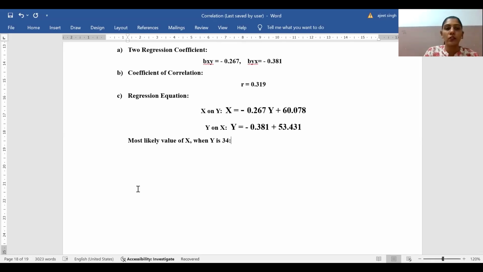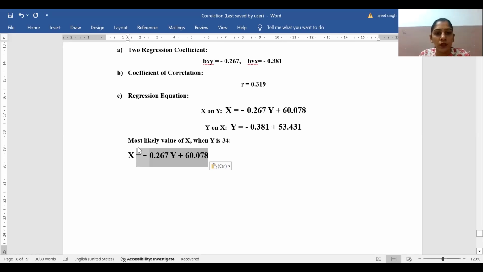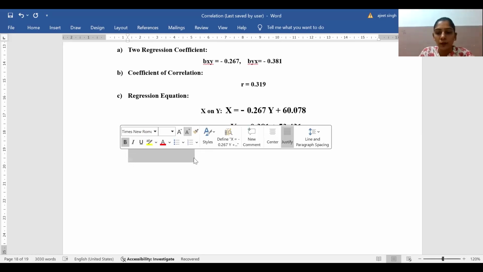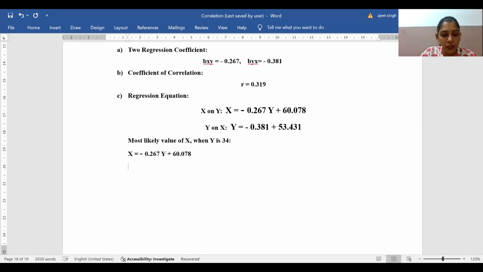So we will put this value in this equation. Let me copy this equation. Let's put the value here first.